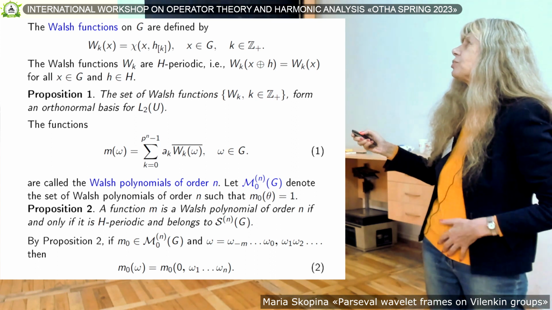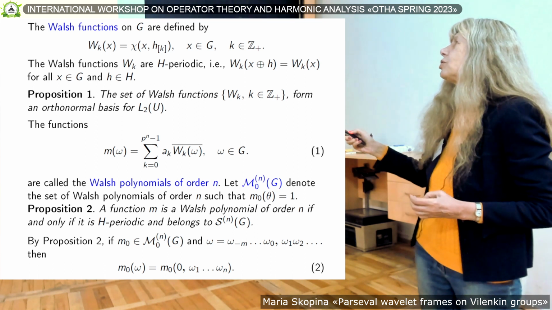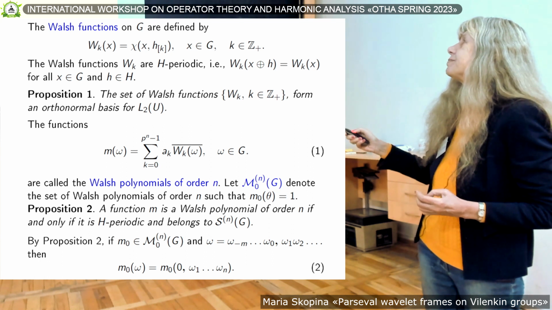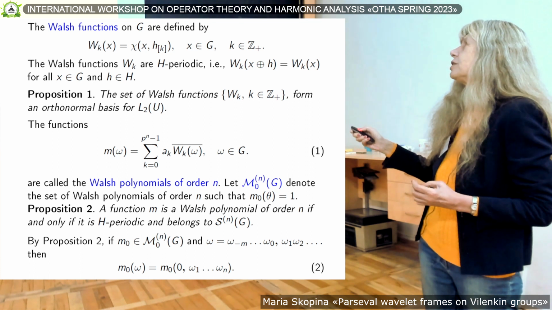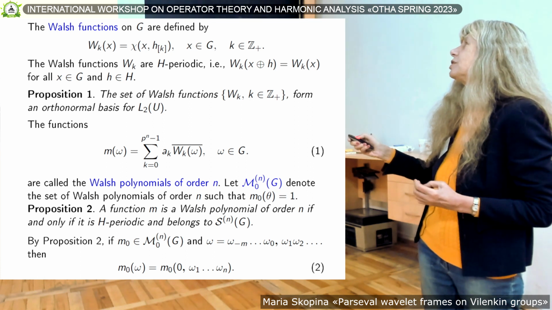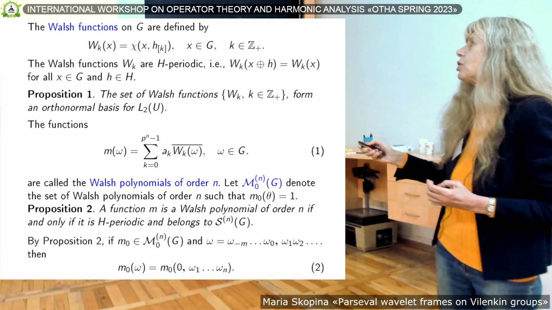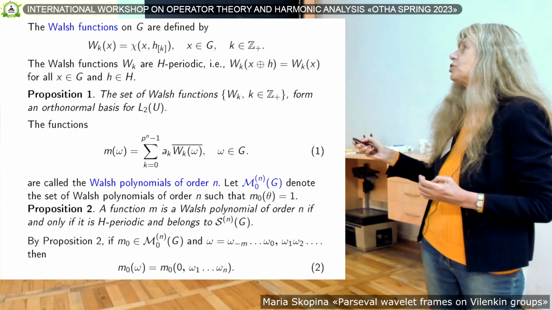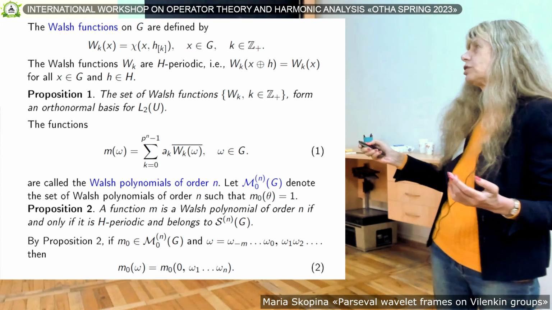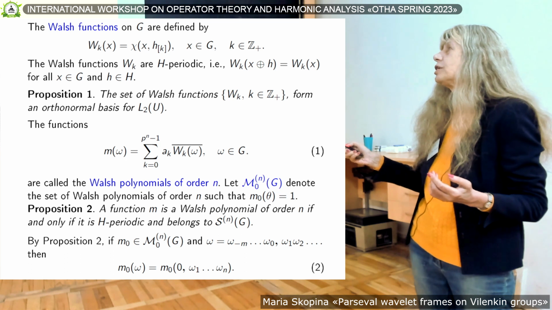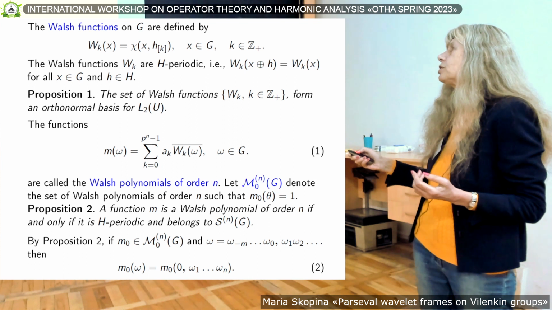Next, Walsh functions. Walsh functions are characters with integer second component, and each Walsh function is H-periodic for integer H. The Walsh functions form an orthonormal basis for L2 on U. So we see that these functions are analogs of the usual harmonics in usual analysis. Linear combinations are called Walsh polynomials.